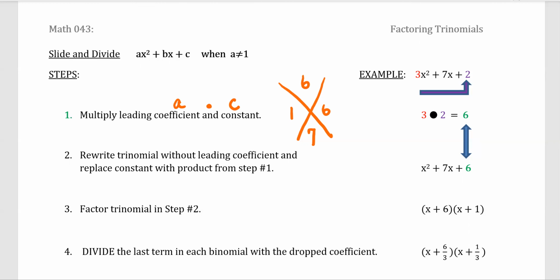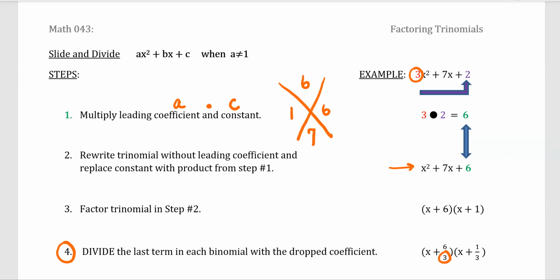So then you need to divide the last term in each polynomial by A. And here it's called the drop coefficient because we dropped the 3 when we rewrote it as x squared plus 7x plus 6. So A is 3.